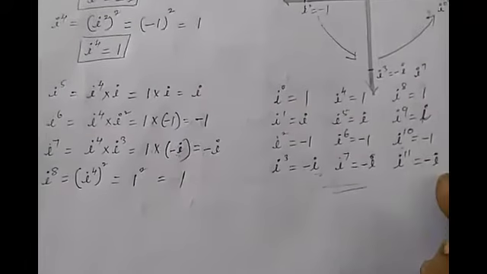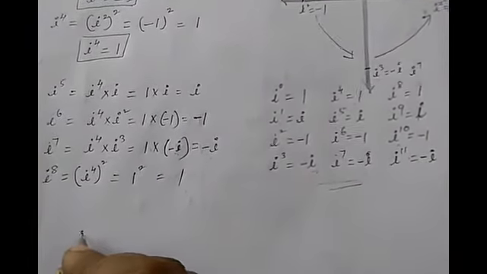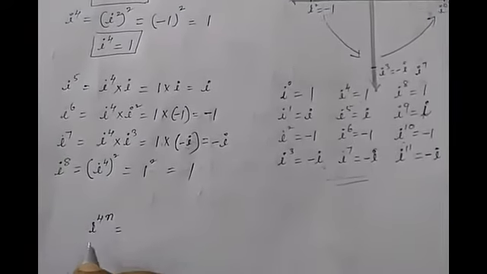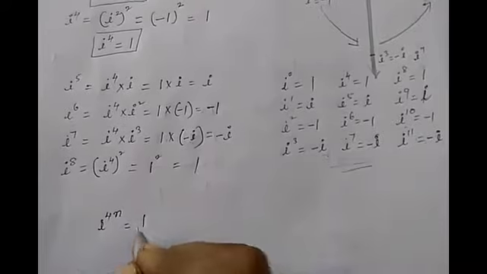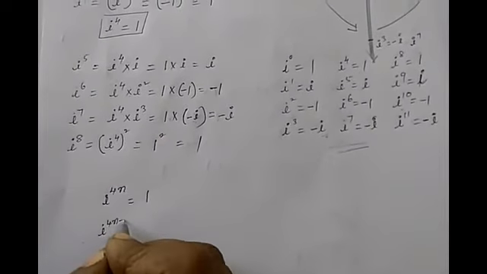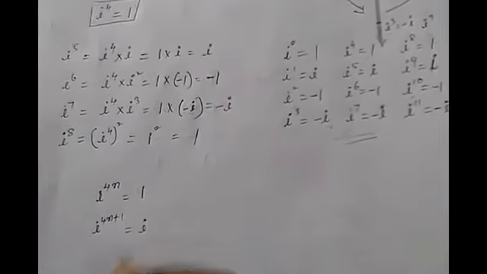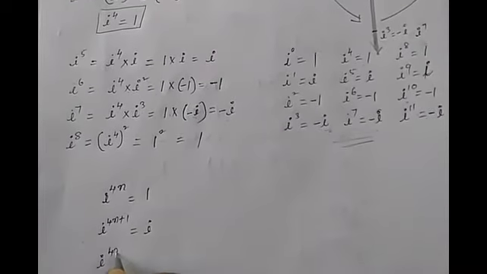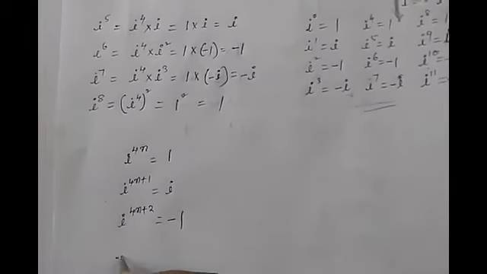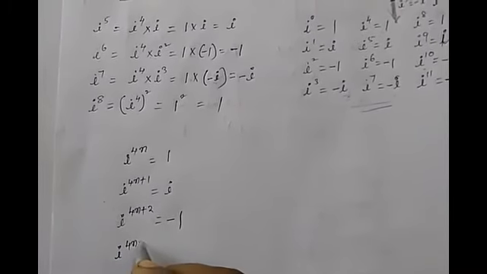So by observing all these things, we can define it like this. i power 4n equals 1, i power 4n plus 1 equals i, i power 4n plus 2 equals -1, and i power 4n plus 3 equals minus i.